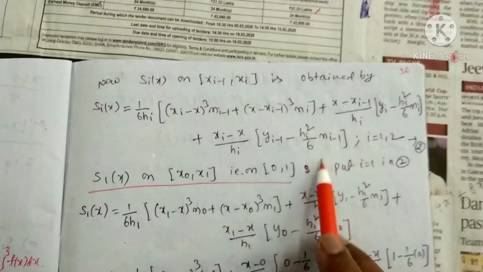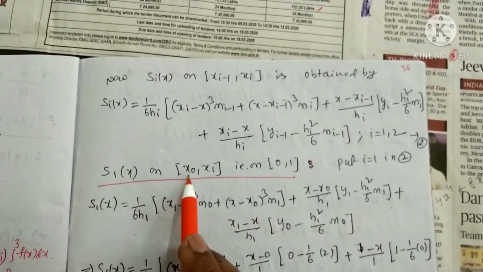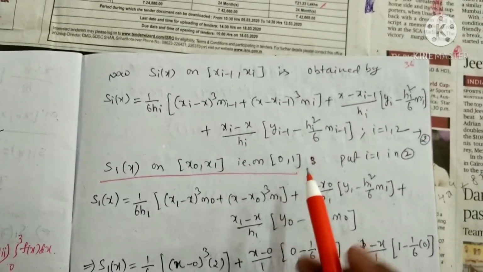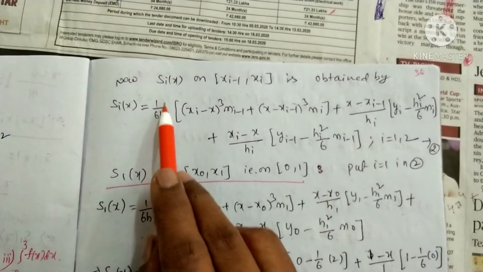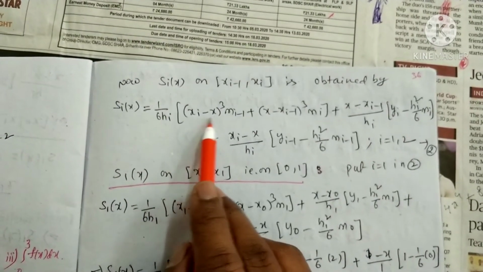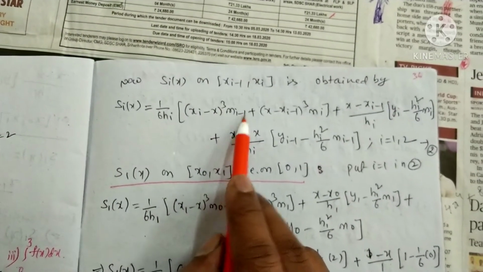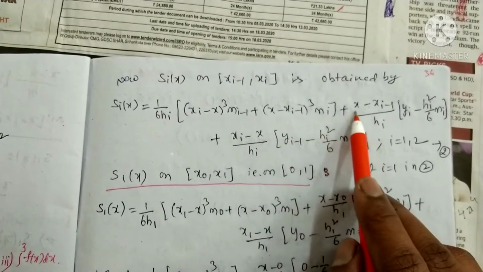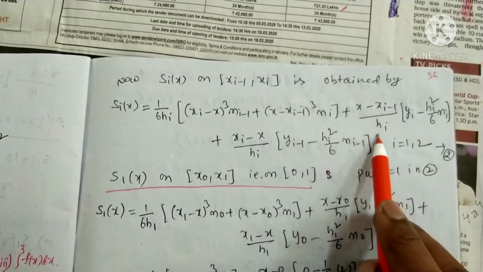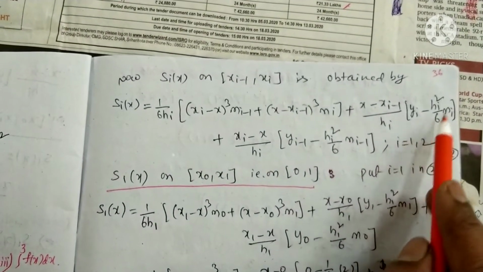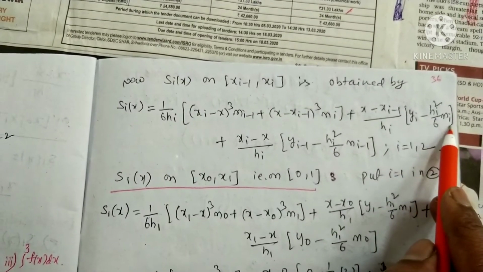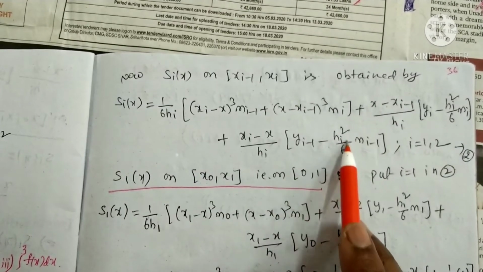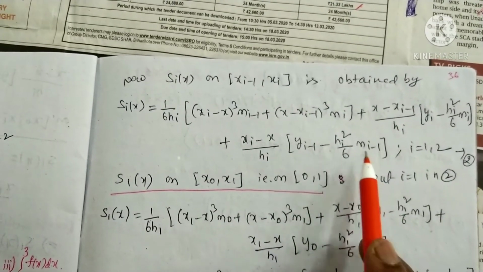So let us give i equal to 1 in this and write s1 of x on the first subinterval x0 x1, that is on the interval 0 comma 1, so that s1 of x is going to be 1 by 6 h1 into (x1 minus x) whole cube m0 plus (x minus x0) whole cube m1 plus (x minus x0) by h1 into (y1 minus h1 square by 6 m1) plus (x1 minus x) by h1 into (y0 minus h1 square by 6 m0).